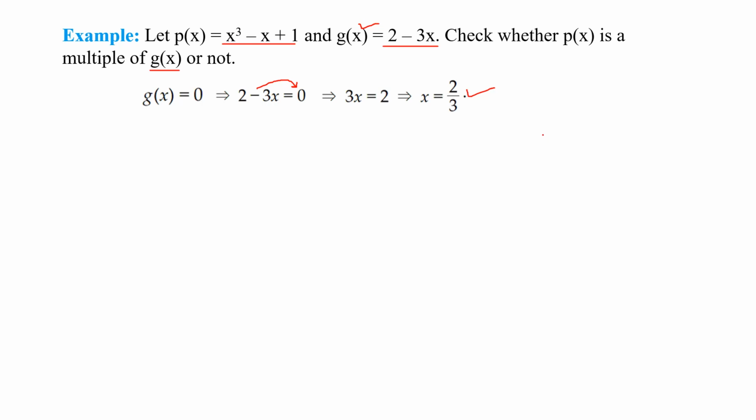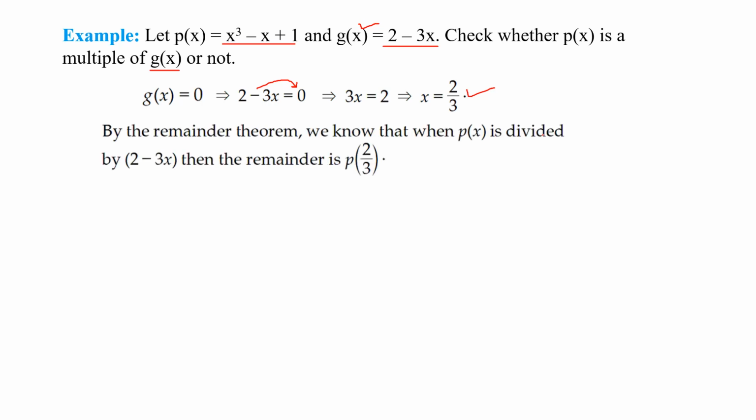Now we'll write the same step by the remainder theorem. We know that when p of x is divided by 2 minus 3x, then the remainder is p of 2 by 3. Now we will substitute 2 by 3 in place of x in this polynomial. That is p of 2 by 3. So 2 by 3 whole cube minus 2 by 3 plus 1.